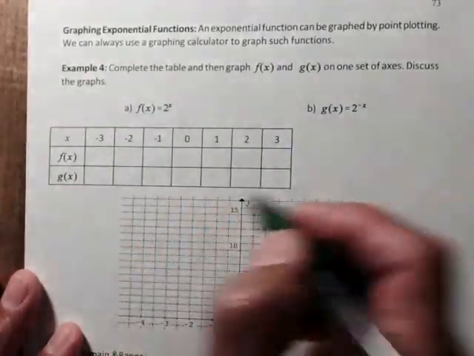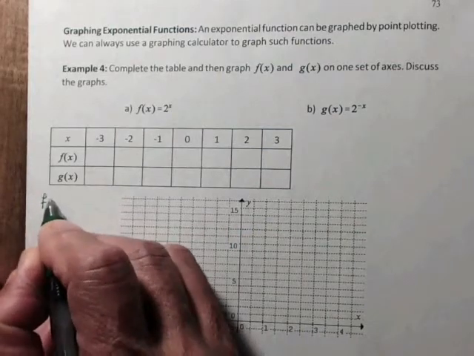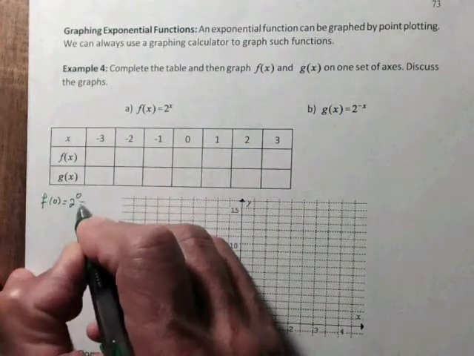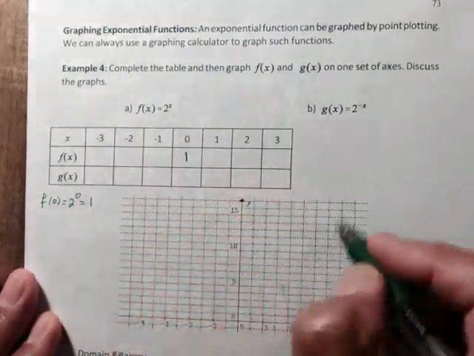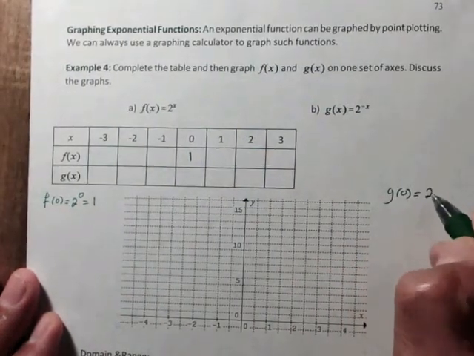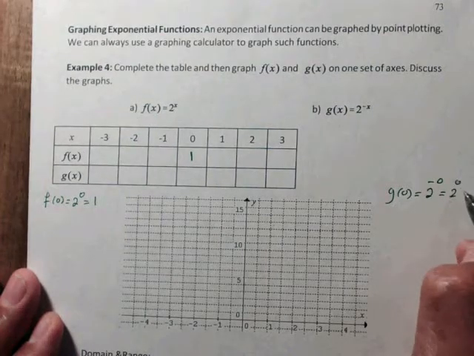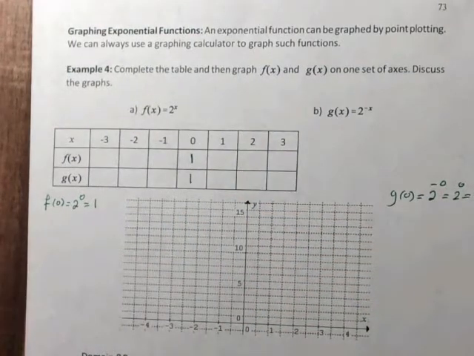f of 0 is 2 to the power 0, and 2 to the power 0 is 1. g of 0 is 2 to the power negative 0, which is again 2 to the power 0, which is 1. So both of them are 1 at 0.